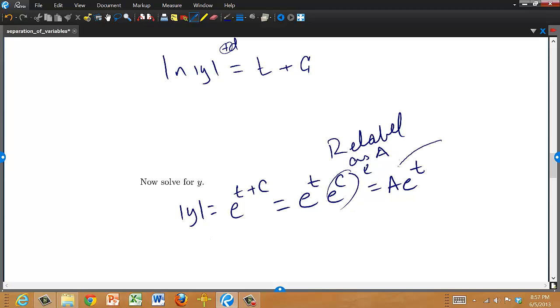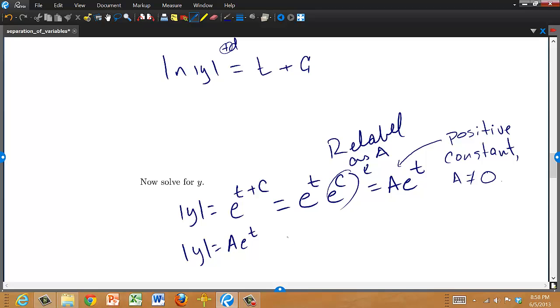There has to be a positive constant, because e to any power is positive, and a can't be 0 because e to the c is not 0. It doesn't matter what c you choose. Okay. So now we know that the absolute value of y is a e to the t, and that a has to be a positive non-zero number.